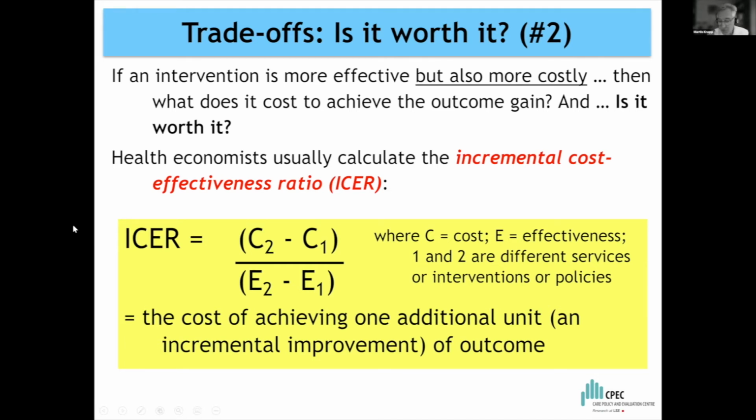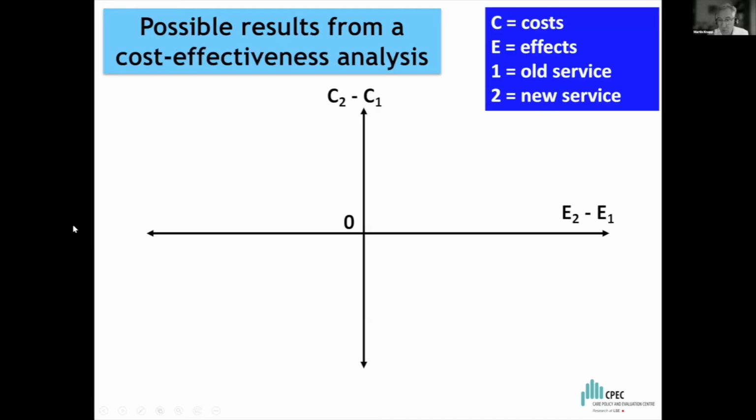So then what health economists would often do is go to this quadrant diagram. And I'm going to just illustrate this because this is important for understanding the challenge. On this diagram, the vertical axis shows you the difference in costs. The horizontal axis is the difference in outcomes or effectiveness. And I can plot on that diagram the result from my evaluation.